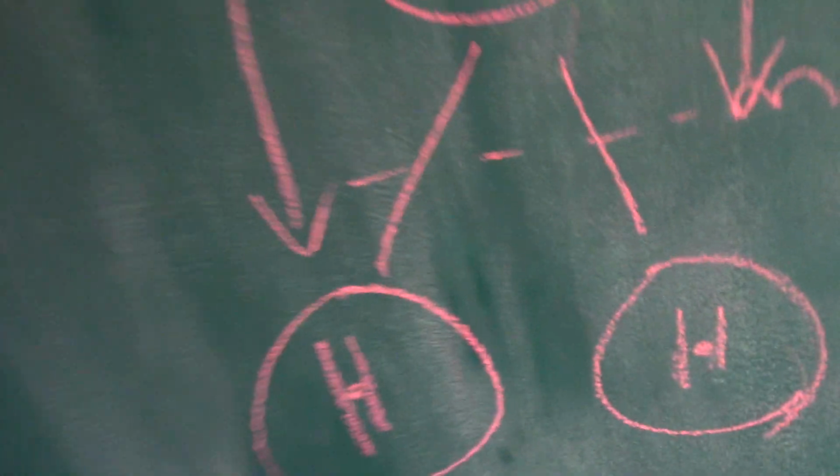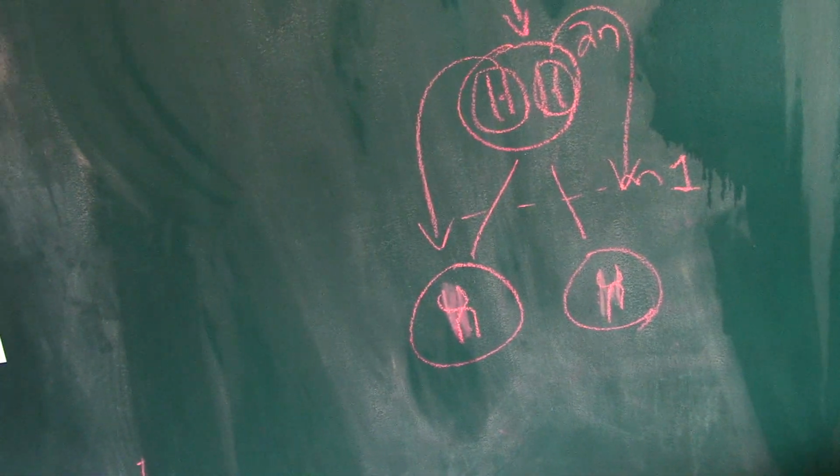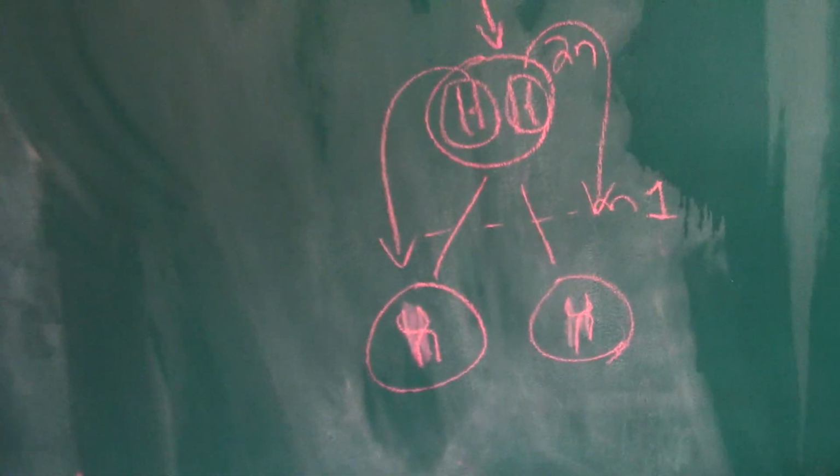Now if I were to draw that another way, let's draw it like this. So we have that happening. You'll get this in either cell. That'll end up in a cell, and that'll end up in another cell.